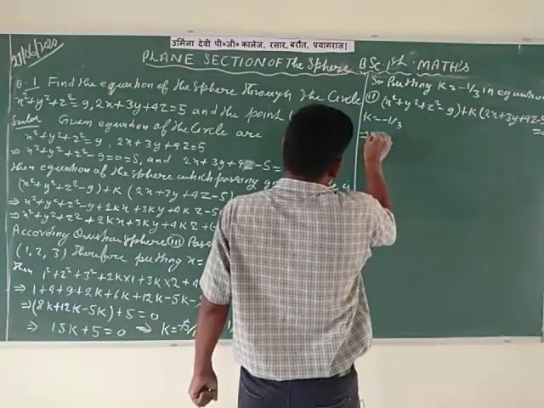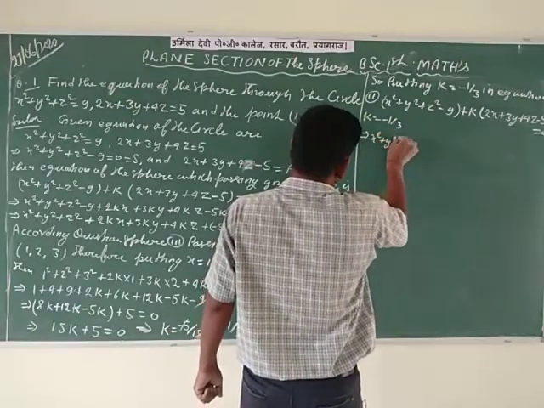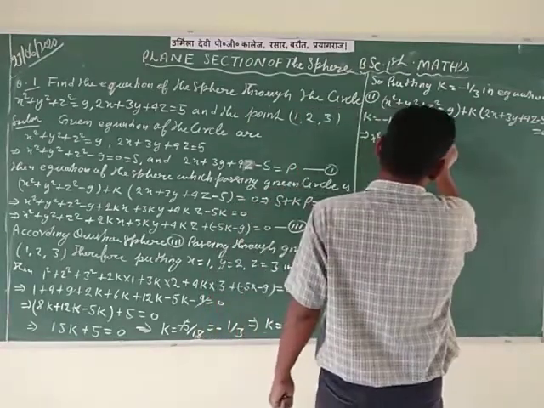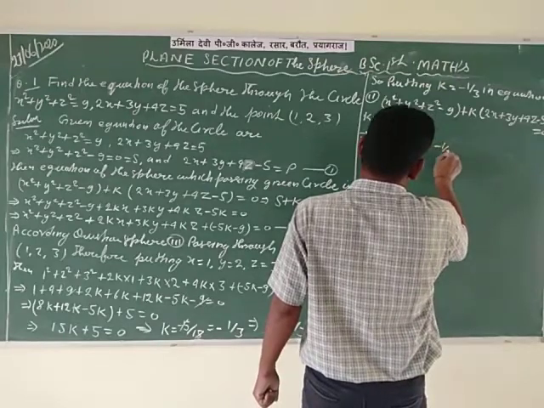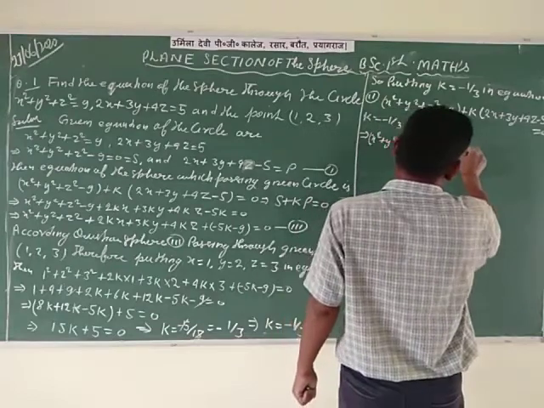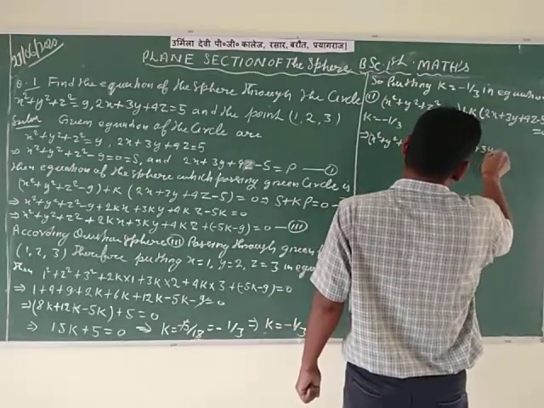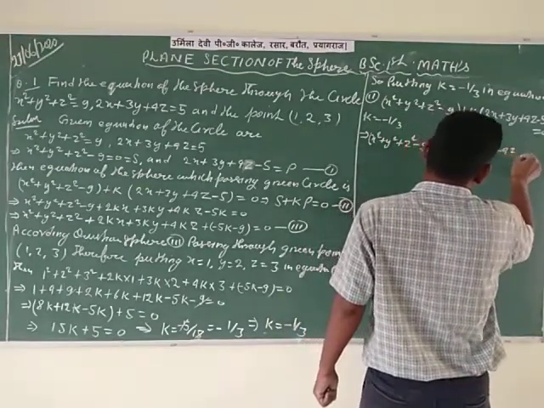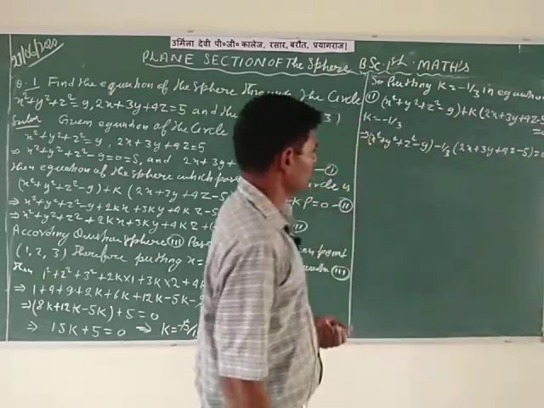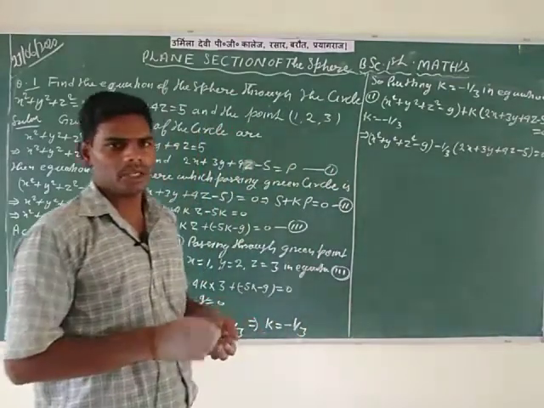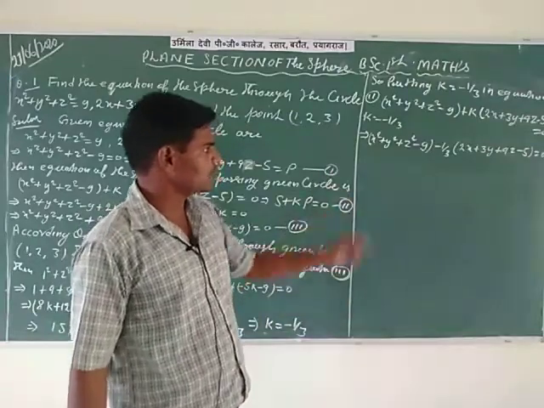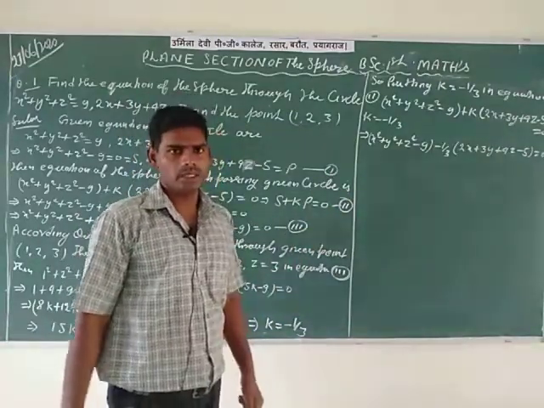So it is implied that x square plus y square plus z square minus 9 plus minus 1 by 3 in bracket times 2x plus 3y plus 4z minus 5 is equal to 0. You note that in the equation of any sphere, the coefficient of x square, y square, z square should be unit, meaning 1.